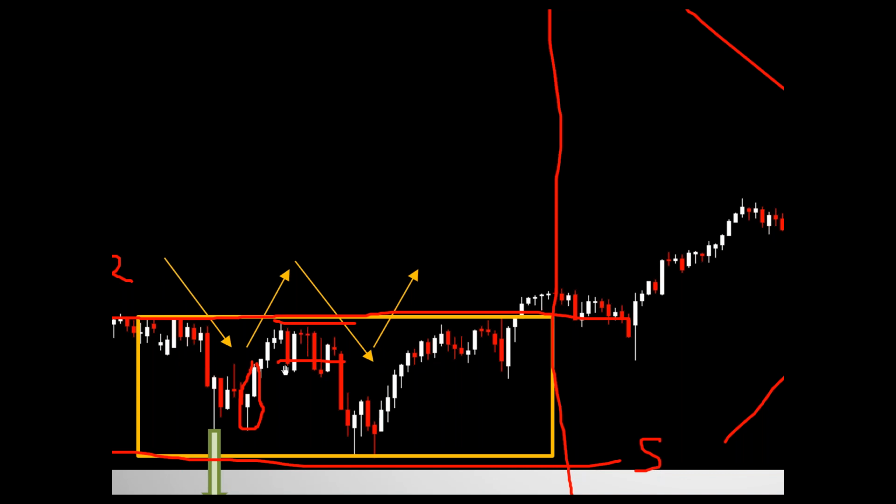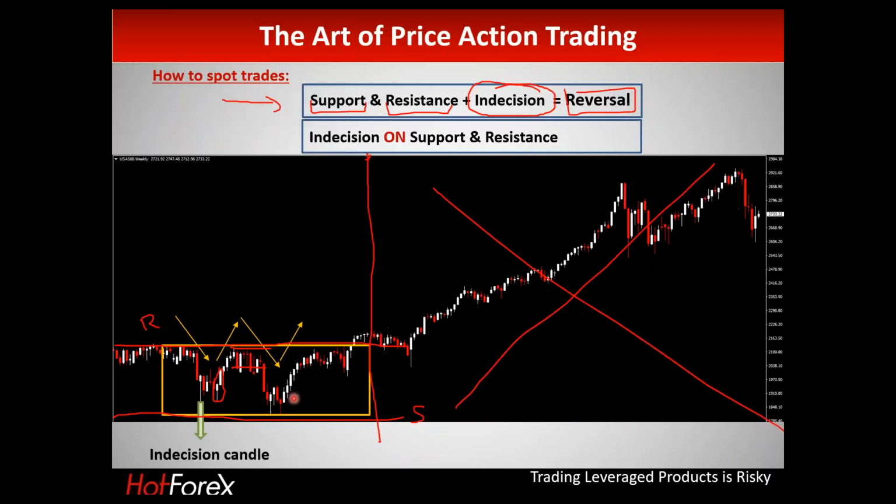So for me, the reversal should initially have been on this candle, or that candle. But to be honest, it will be that. Let me just draw it.